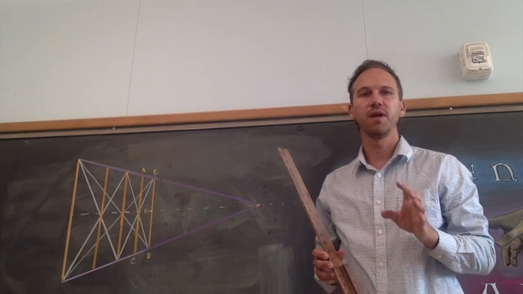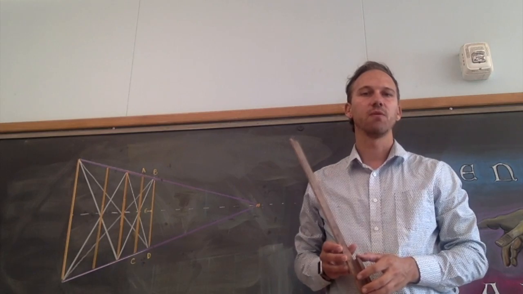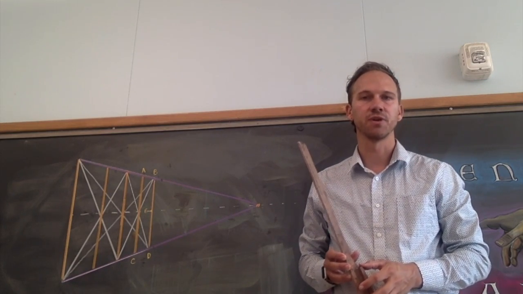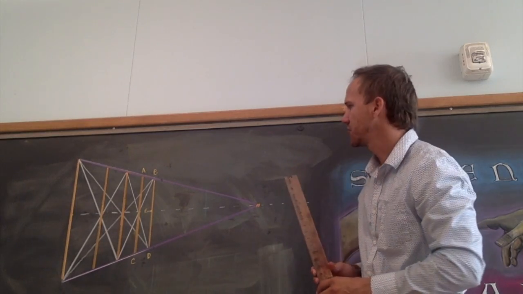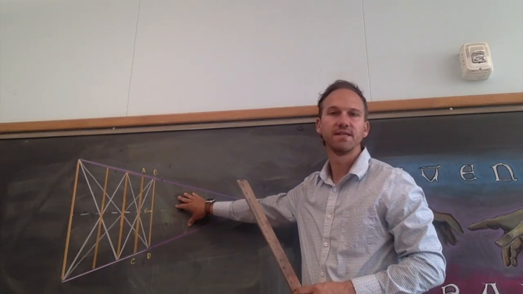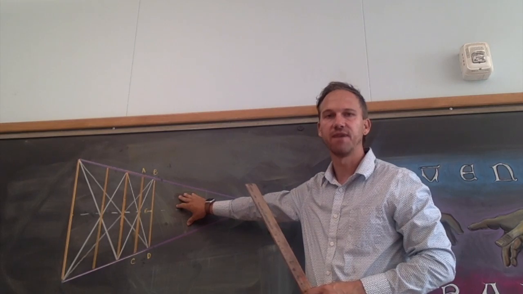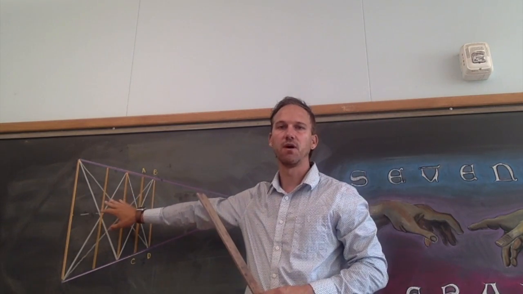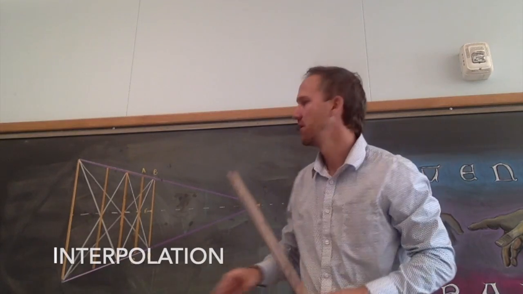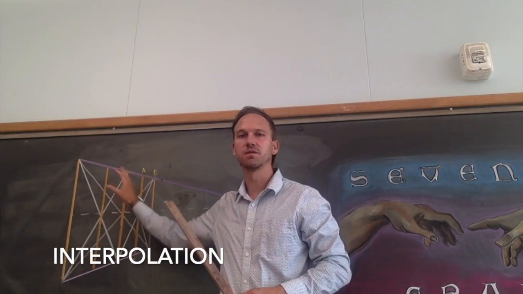I'd like to make a brief correction to some of my language that I've been using over the last lecture around the word extrapolation. Extrapolation actually refers to what we're trying to do here, trying to find the value of this unknown space. What we've been doing already is known as interpolation, working within a known space.